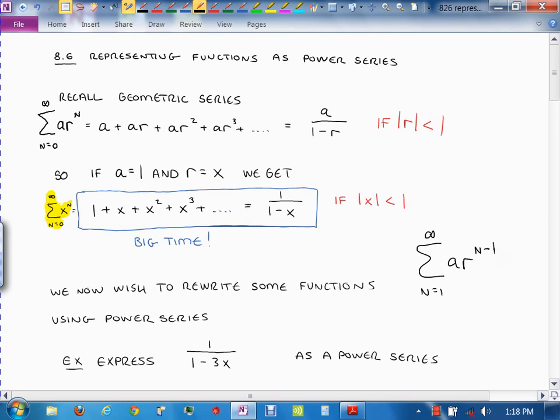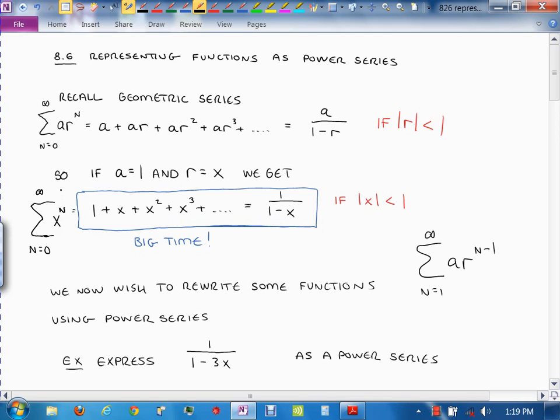So do y'all see all I'm doing is taking the geometric series, giving a specific case where a is 1 and r is x, and we get this very nice big time result? Big time means this is going to be used a lot, today especially. And I wrote down the sum on the left. I'm going to rewrite it a little bigger. Sum n equals 0 to infinity of x to the n.